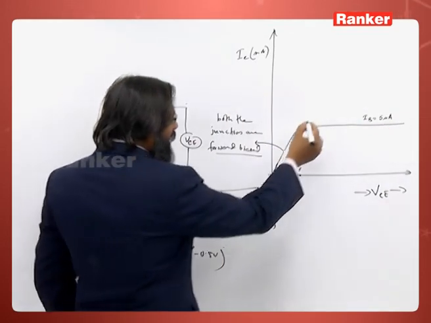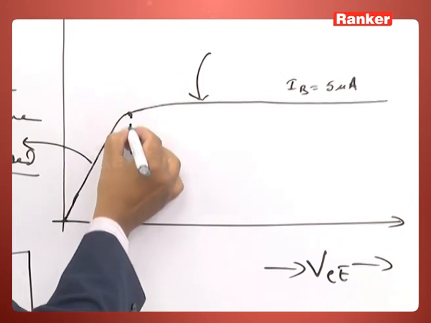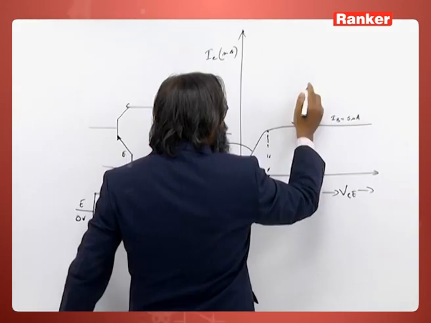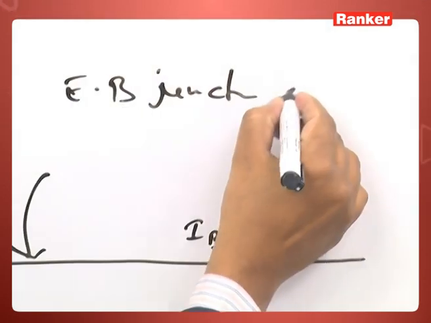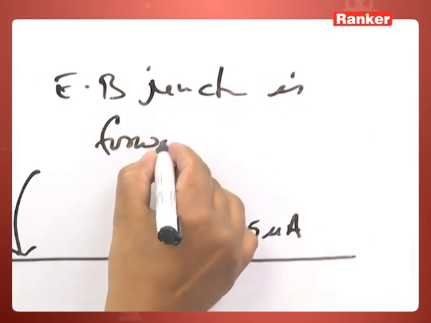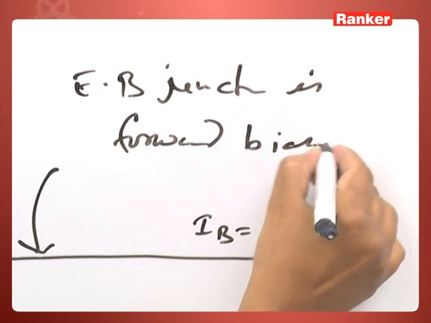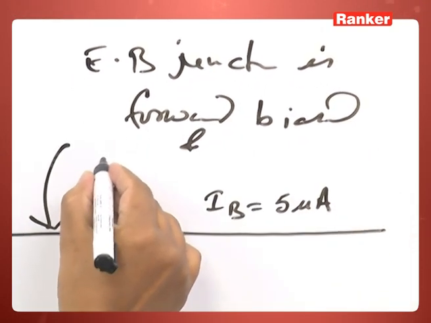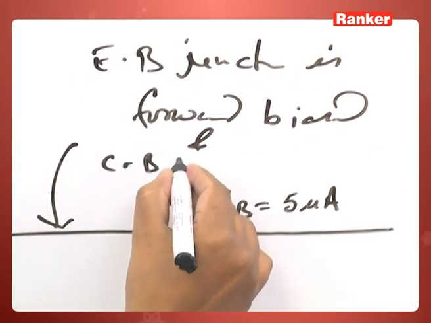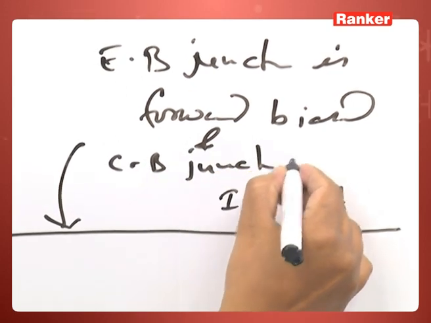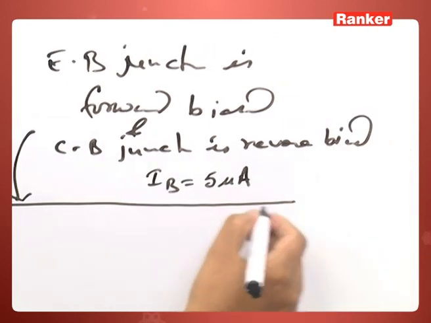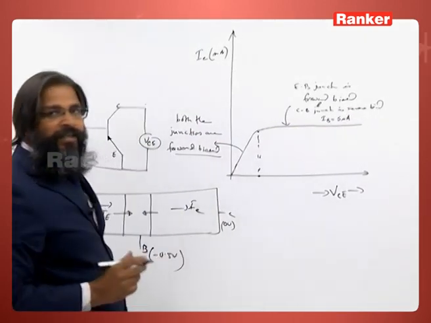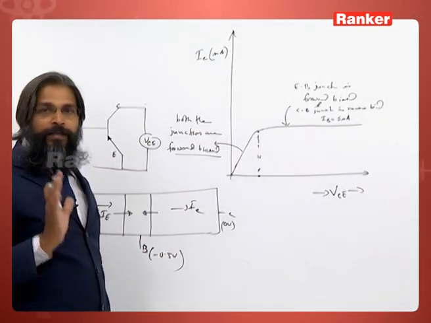So, from this onwards, the emitter base junction is forward biased and the collector base junction is reverse biased. So, we say that within this region transistor action is taking place.